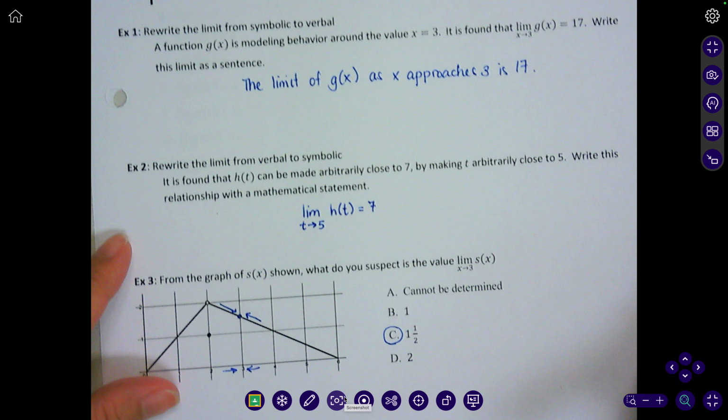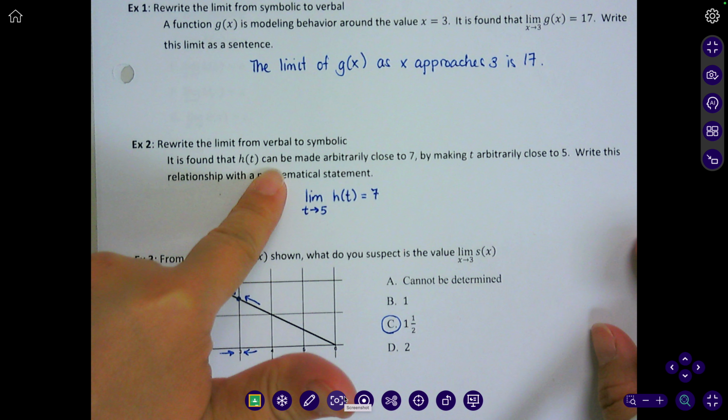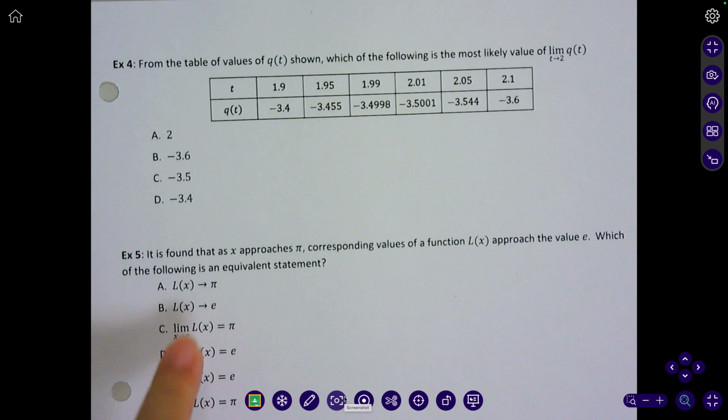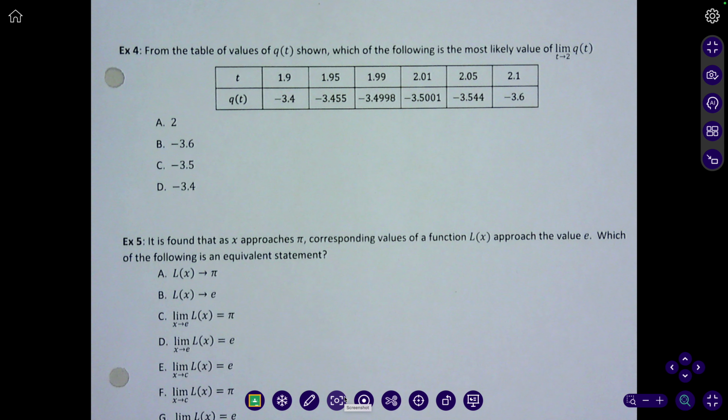The notes are going to cover verbal, graphical, and analytical, and data, which is numerical. So let's take a look at example 4. Go ahead and read that and see if you can find me that limit.